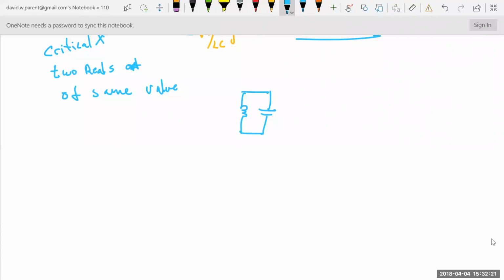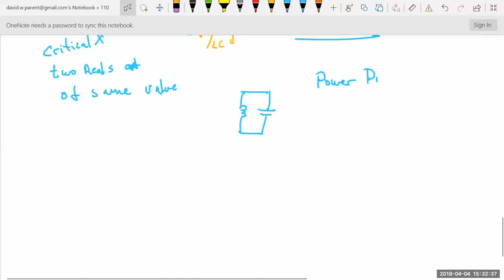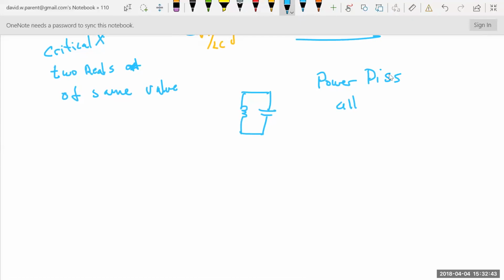Then this comes back into the inductor and stores it as moving charge. And then it comes back and forth. But the energy never leaves. Power dissipation, it's all real.